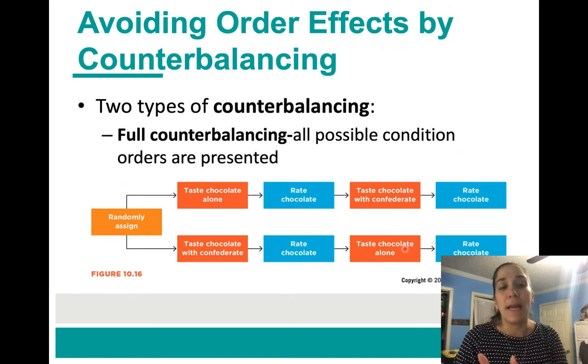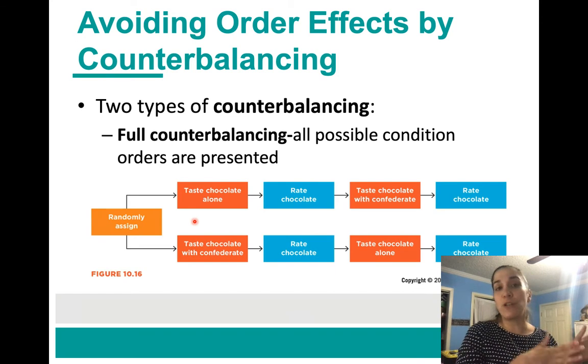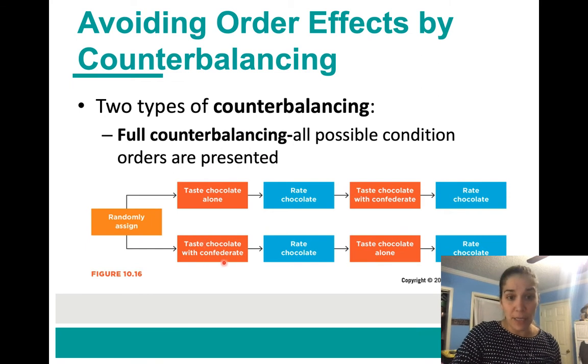So what does that look like with our example of chocolate? Before, when I first showed this to you, we only had the bottom, where you taste chocolate with the confederate, then you rate the chocolate, then you taste chocolate alone, and then you rate the chocolate. If you're counterbalancing, you would have two groups.